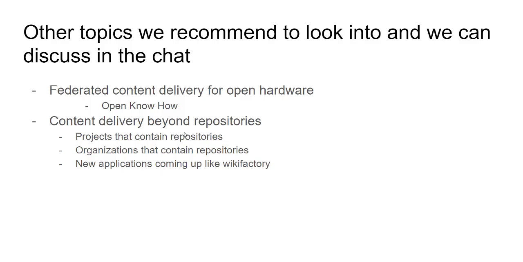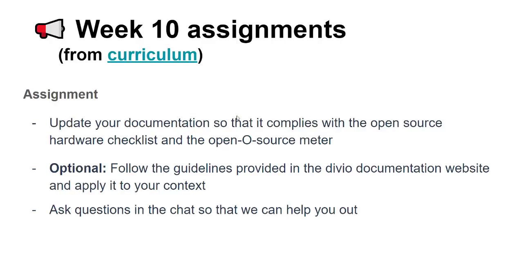A repo is not enough, or a collection of repos might not be the best solution, and that's probably the case for many other projects like Archimedes and UC2. I would encourage you to ask more questions about this, and I will jump quickly to the week assignments.